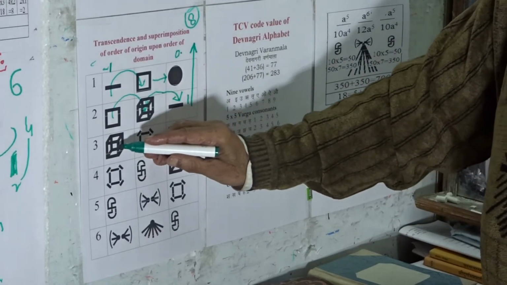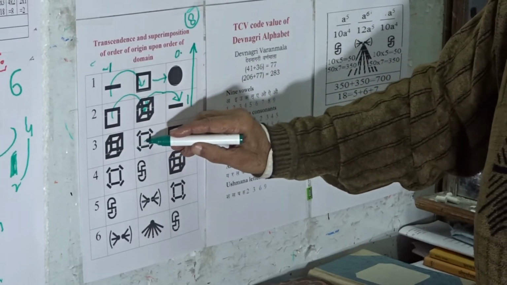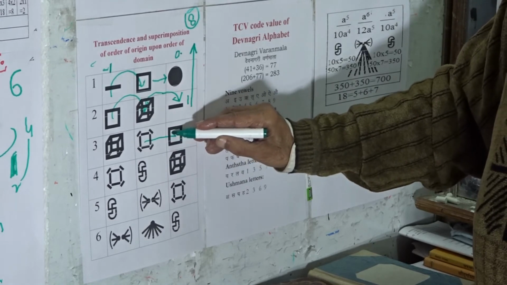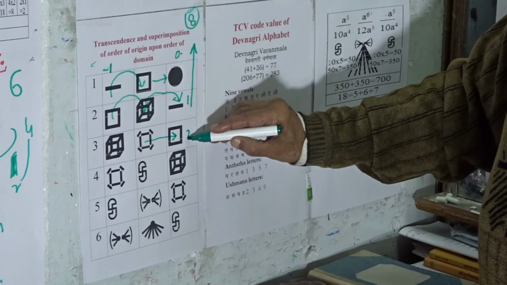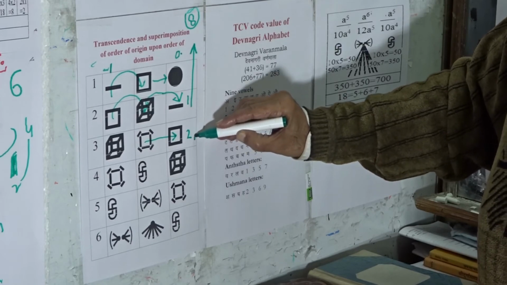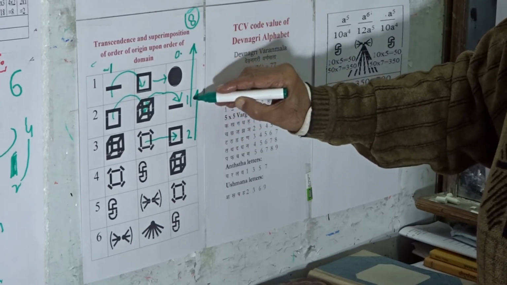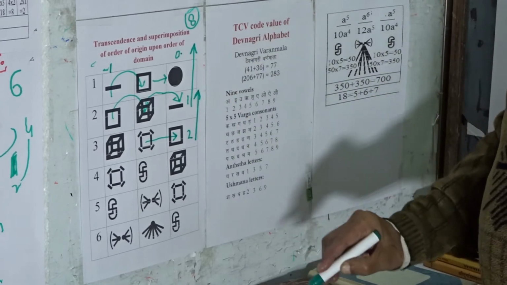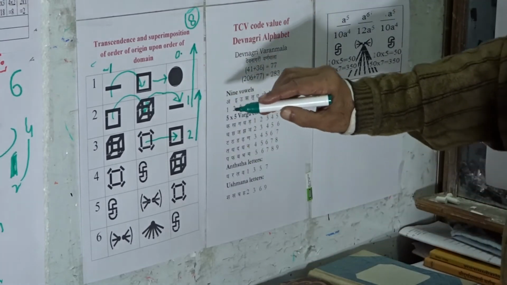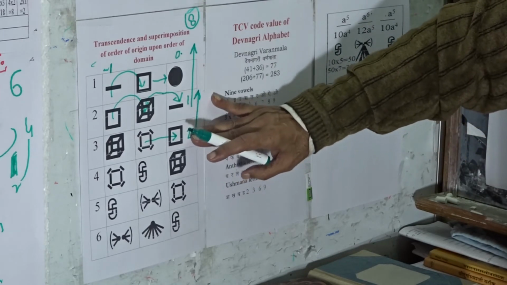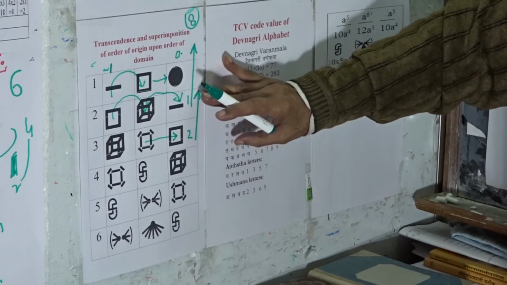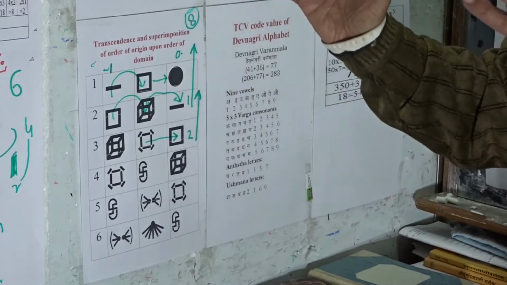Step ahead, 3 space is having 4 space as the origin, and the 4 space is having a 2 space as dimension. Therefore, the 2 space order will transcend and will get superimposed upon 1 space. It is this phenomenon of superimposition of the higher order upon the lower order which is happening within the domain.